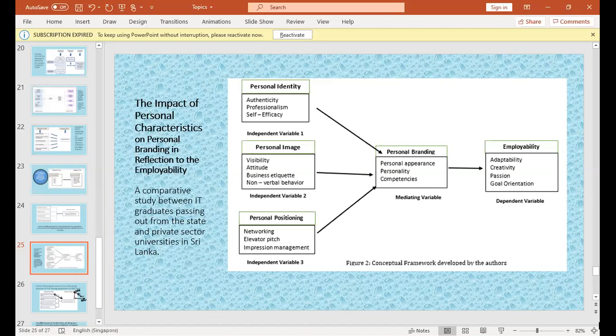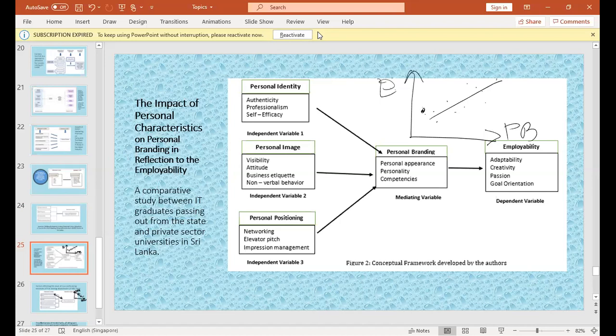Why is it that you all don't respond? So what is the unit of analysis for this research? Each graduate, right? With respect to each graduate, we have the employability here and the personal branding here. So we see those who are strong in branding have better employability. With respect to each graduate, we have the dots.